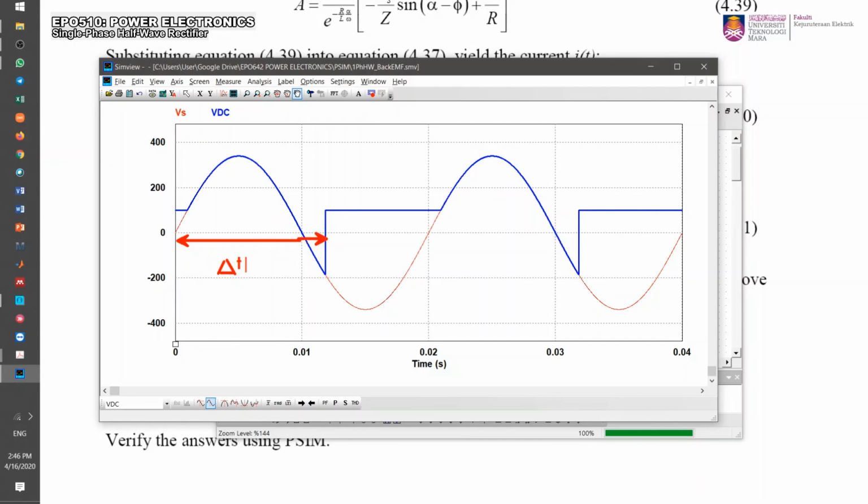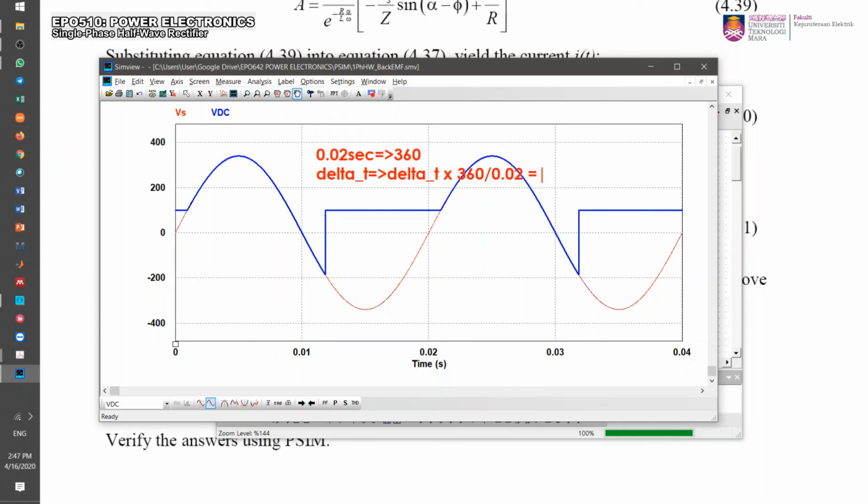The time, and then you convert that into angle, whereby we know that for 0.02 second, that will be equal to 360 degrees. So whatever delta t that you measure from the waveform can be converted into degrees by using this equation: delta t multiplied by 360 degrees, and then you divide all by 0.02 second.